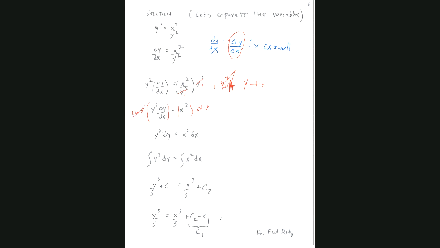Why would I do that? Because by doing that, I remove the dx on the left side, and I have y squared dy equals x squared dx. So I've rewritten this differential equation by the procedure called separating the variables. Separating the variables. Are there any questions so far?